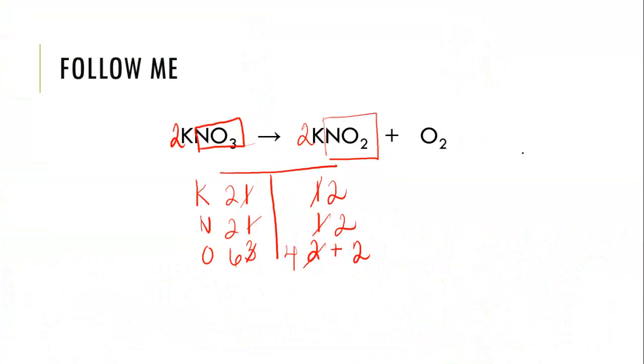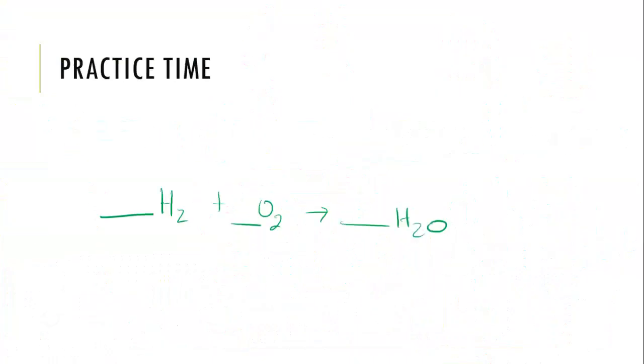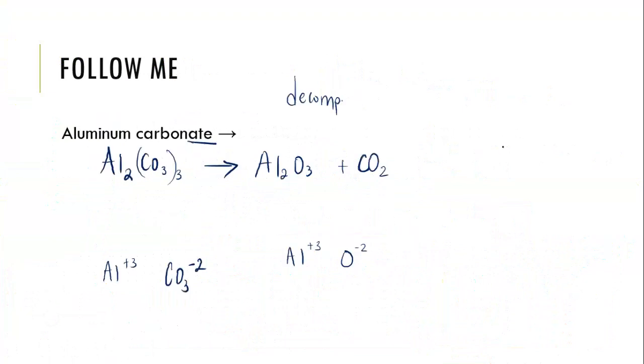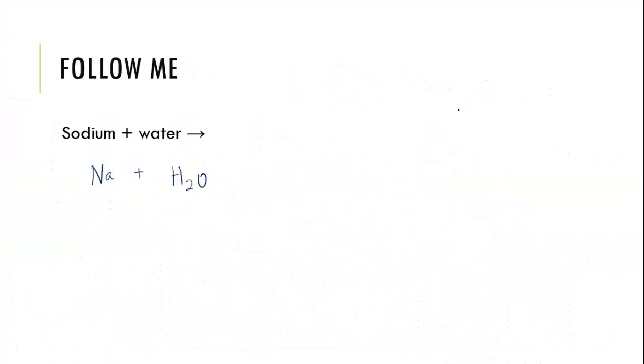So if this was a gas, and the way that they could tell us is if it said a G on it, here's what would happen. The Na and the H would switch places. H2 would come out, and the Na would go with the O, Na2O. Okay?